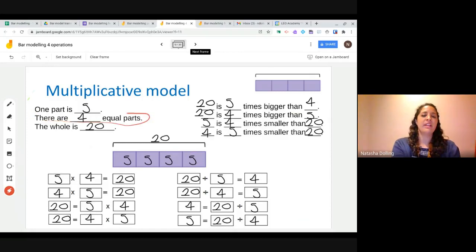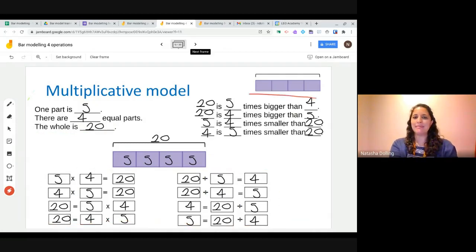There are 4 equal parts. And you'd say to the children, where's the number 4 on the bar model? Why is it not written on the bar model? Can't see it anywhere. Should it be a question mark? Is it missing? Is it left off? No, it is a derived fact from the number of equal parts. And then this sentence, that's pretty familiar. The whole is 20. Here I've got my different types of equations, which I'll go over in a second.